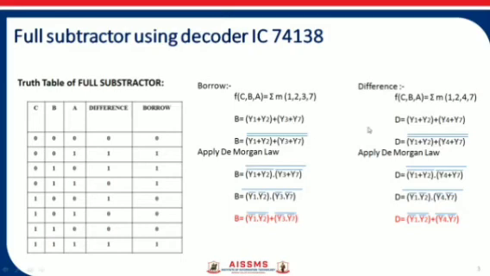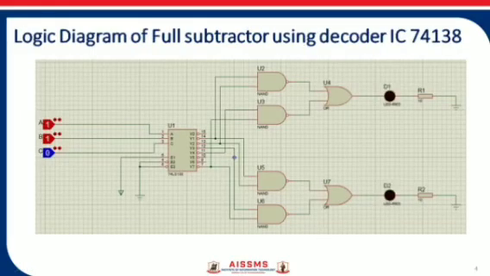By using the same logic which we used for the difference, double bar plus De Morgan's law, the final expression of the borrow equals (Y1 bar dot Y2 bar) whole bar plus (Y3 bar dot Y7 bar) whole bar. Now by considering these two expressions, the next step will be to draw the logical diagram.